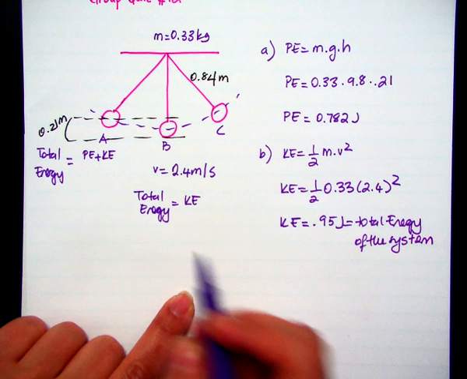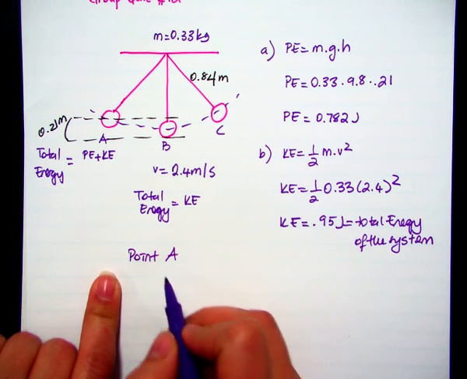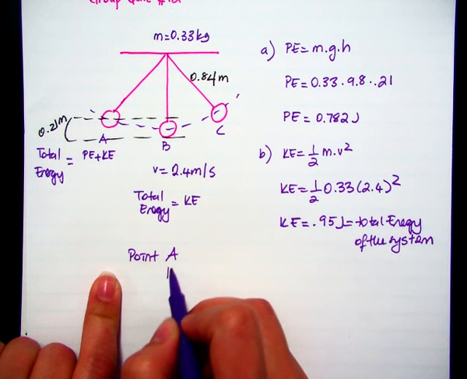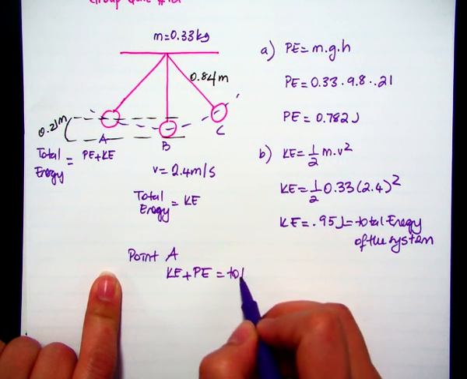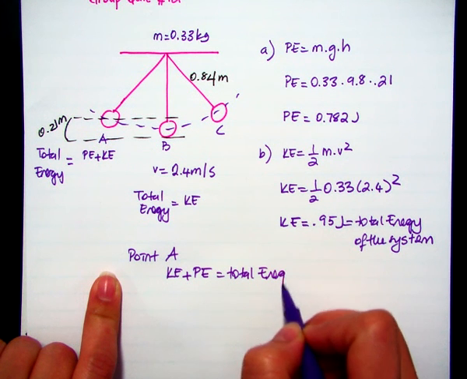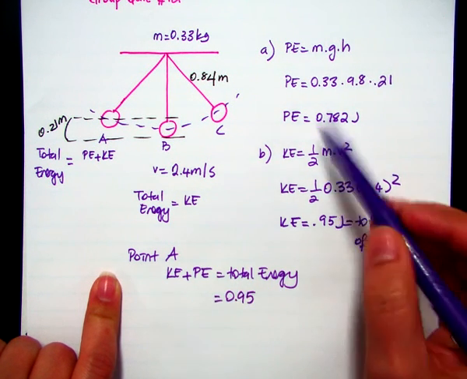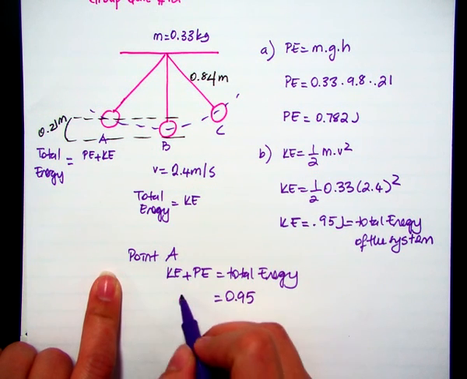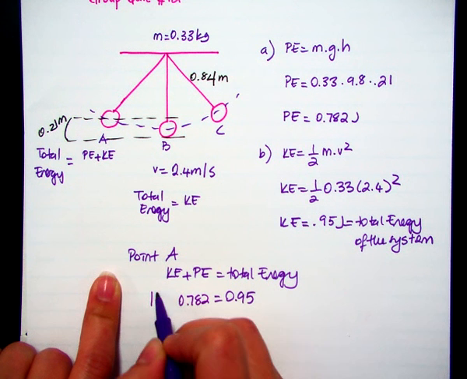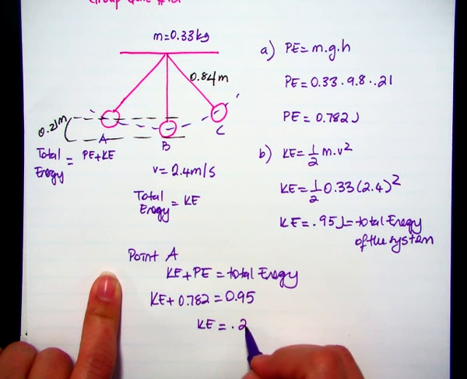Now for point A, we have kinetic energy plus potential energy. That's going to be equal to total energy. So we know that total energy is 0.95, and from part A, we know the potential energy at point A, so I'm going to plug that in so I can find out what is the kinetic energy of the system, and kinetic energy will come out 0.271 joules.